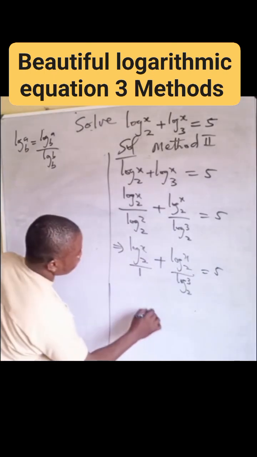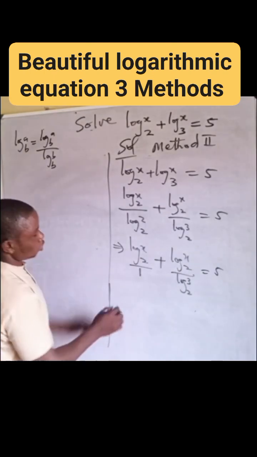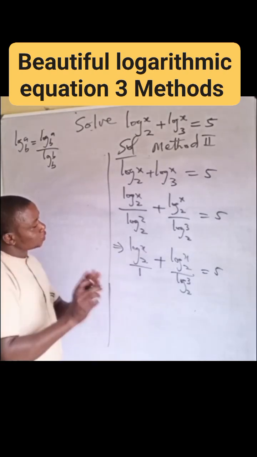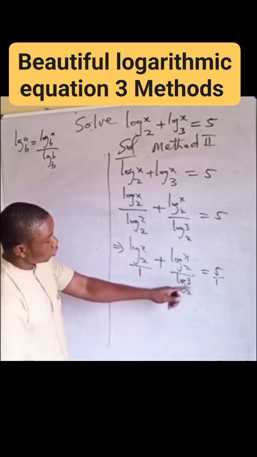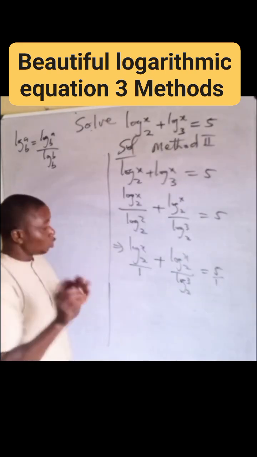So the LCM here, let us multiply each term by what we have as denominator, because this is over 1. So the LCM is log 3 base 2. So let us multiply each term by log 3 base 2.